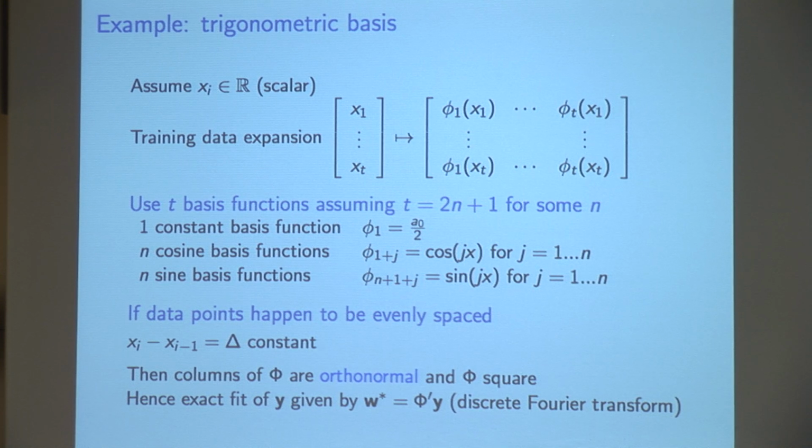In fact, you get a square matrix where the columns are guaranteed to be orthonormal. And if you happen to be doing least squares loss, your whole training problem reduces to a single matrix vector multiply. In this case that would wind up being a discrete Fourier transform, which, by the way, is still too slow for signal processing, and you would want to exploit the structure in this matrix to reduce an n-cubed algorithm down to an n log n algorithm.